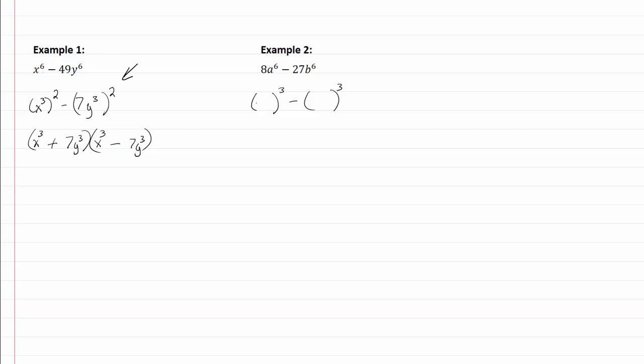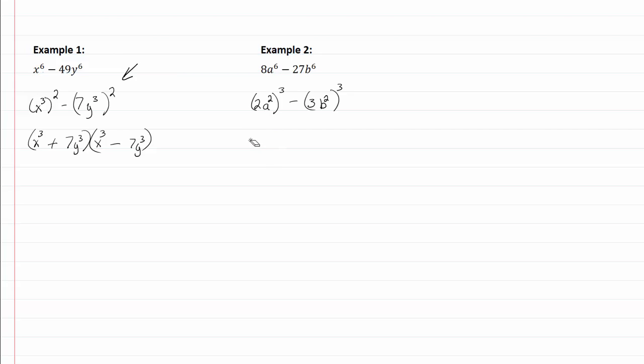The base of 8 is 2. Base of 27 is 3. And I've put my a's and b's in there. Again, I need to look, what do I need to multiply my 3 by in order to get 6? And that's going to be 2. So that's the exponent that's going to go on my variables.